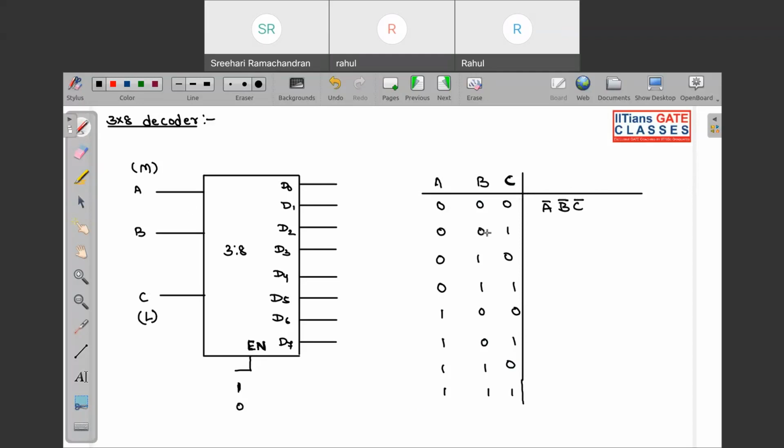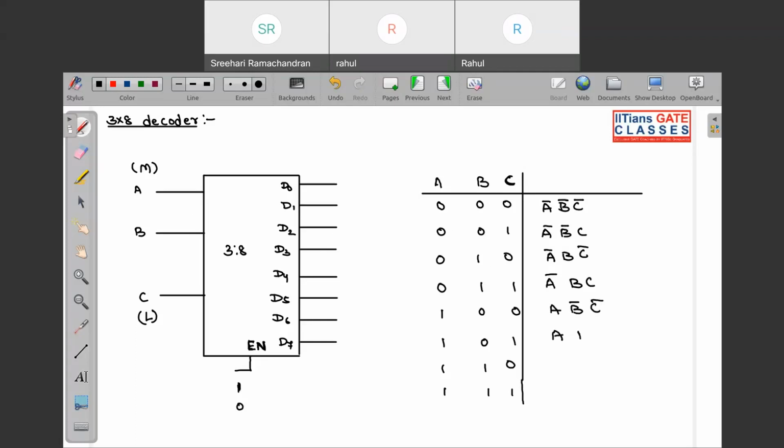Whenever A equal to 0, B equal to 0, C equal to 1, the D1 line will be selected, and the corresponding minterm will be A complement, B complement, C. Similarly, the next will be A complement, B, C complement. This will be A complement, B, C. Then A, B complement, C complement.